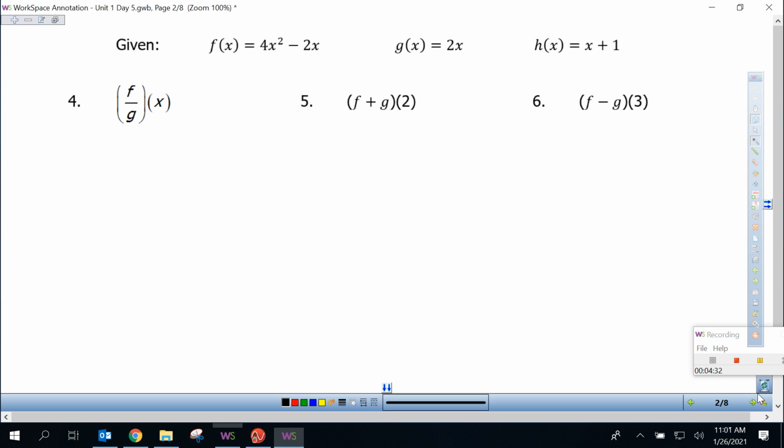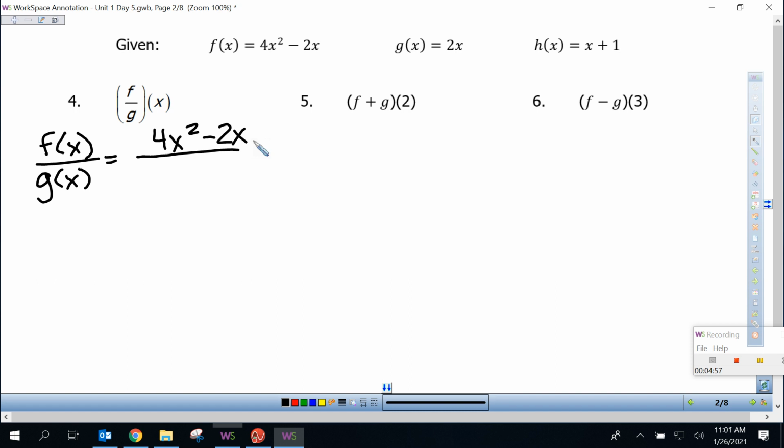Okay, same functions. Number 4, what operation are we doing with f of x and g of x? We are dividing these. I'm going to rewrite this as f of x divided by g of x. So f of x is 4x squared minus 2x.